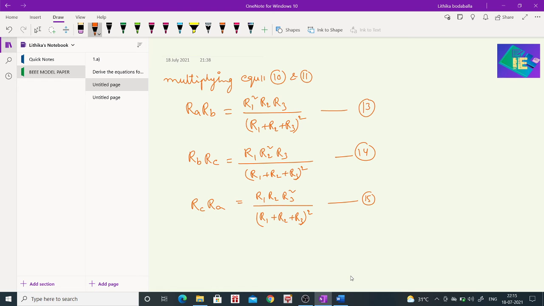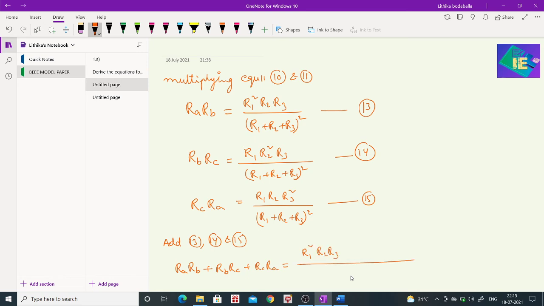Now what you will do is add all of them. So add 13, 14 and 15. So if you add left hand side, what you will get? RA RB plus RB RC plus RC RA is equal to, see I am writing R1 square R2 R3.